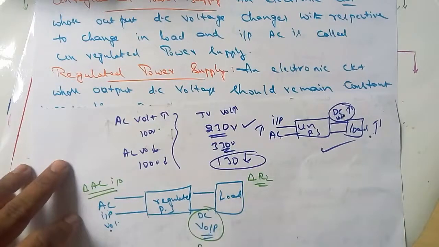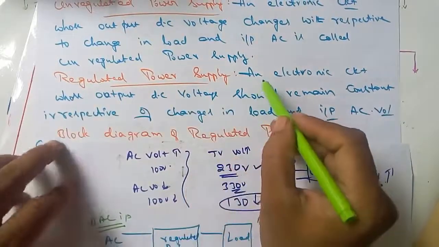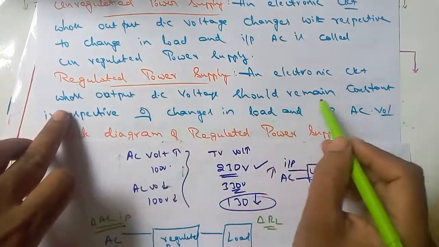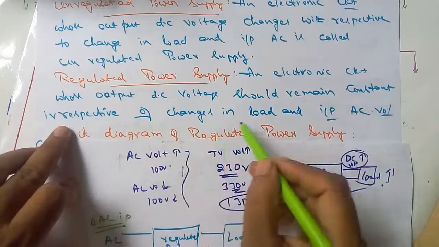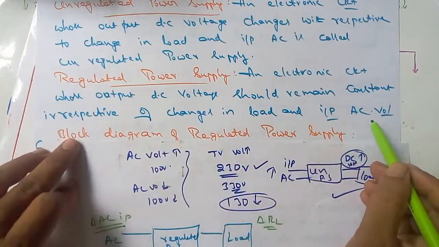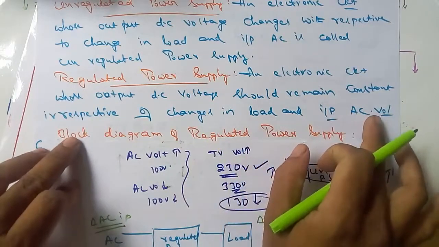There is no change in DC output. This is called the regulated power supply. Again, the definition: an electronic circuit whose output DC voltage remains constant irrespective of changes in load and input AC voltage. So even if the input AC voltage changes, there is no change.